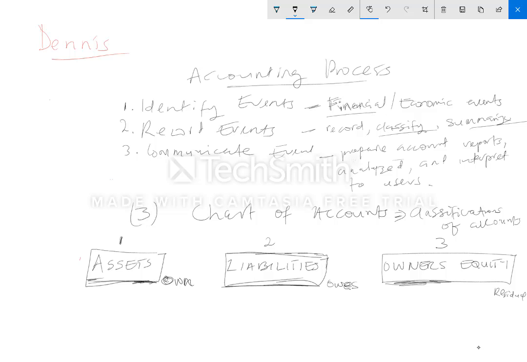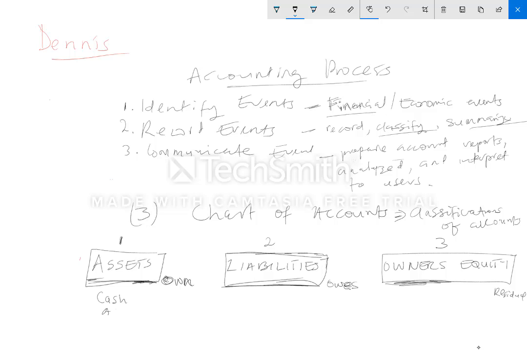So this is how we classify this. Let me call this chart of accounts. So under assets, you have a standard classification account, which is all your assets. You have cash under your assets.